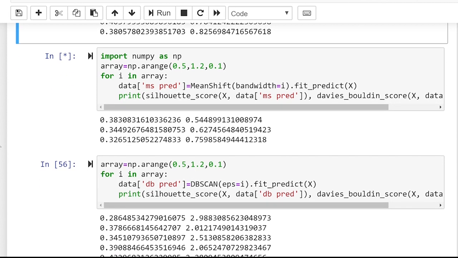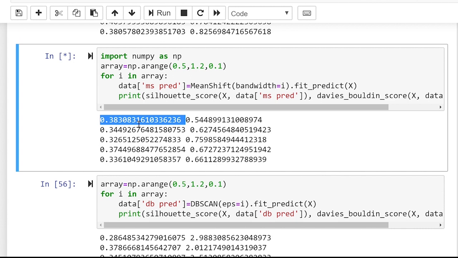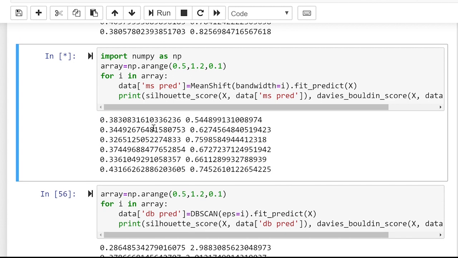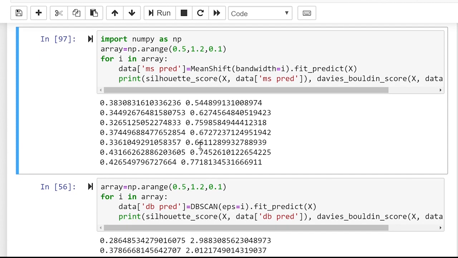Mean shift takes a lot of time. The highest silhouette score is this one, and the lowest Davies-Bouldin is this one.